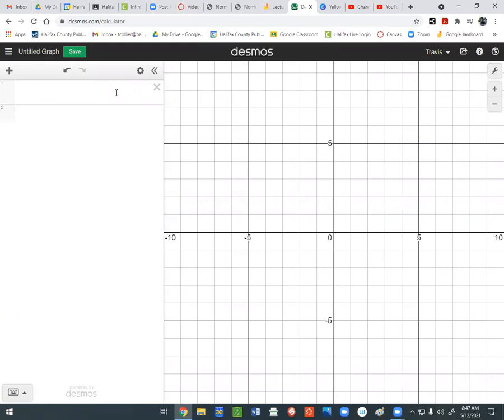Okay, so we're going to go over to Desmos now. What I'm going to do is click in the first box, and you'll see that box 1 is now highlighted. Then go to the bottom of the screen where you see the keypad. It'll say show keypad.